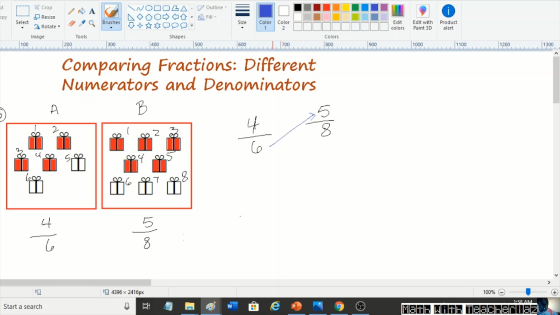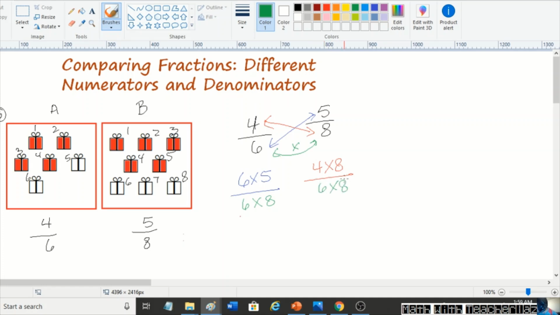Let's cross multiply 4 times 8, and remember, 6 times 5. Then let's find a common denominator by multiplying the denominators, 6 times 8.